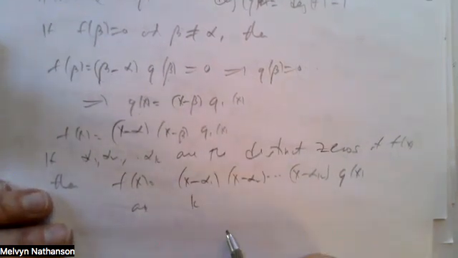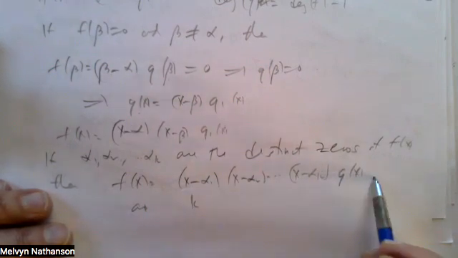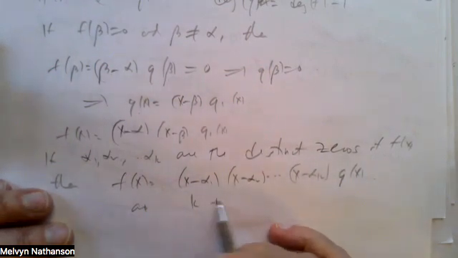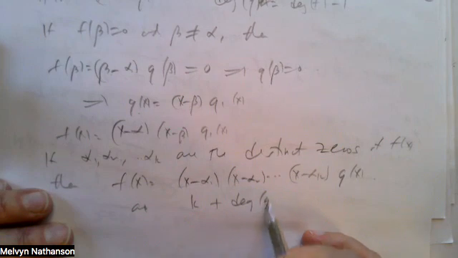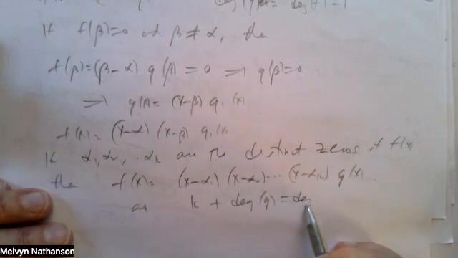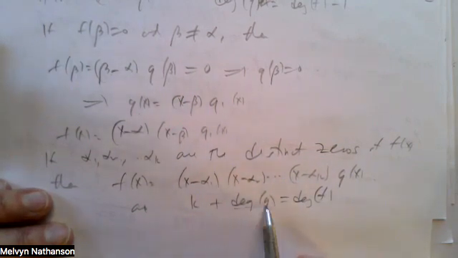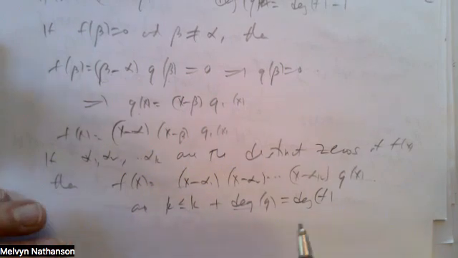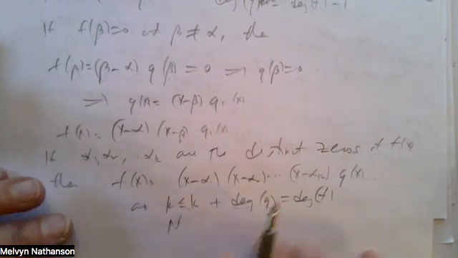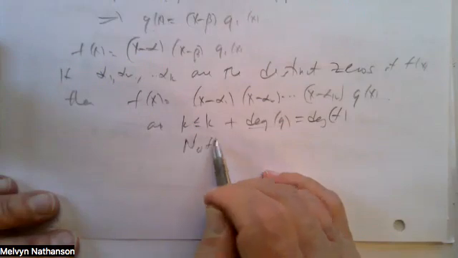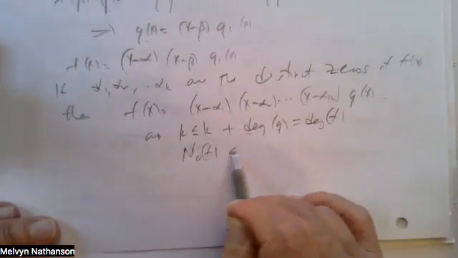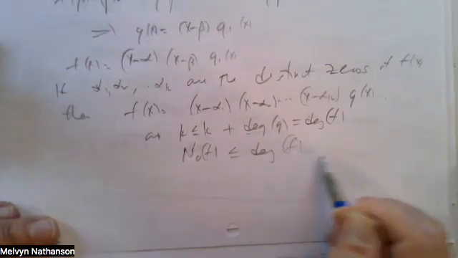And what is the degree of all this? K plus the degree of q equals the degree of f. This is non-negative, so k is equal to or less than that. So n0 of f, the total number of zeros of f, is at most the degree of f.